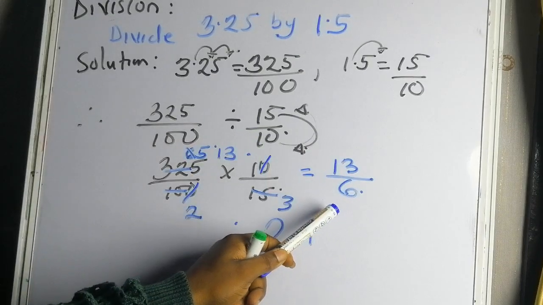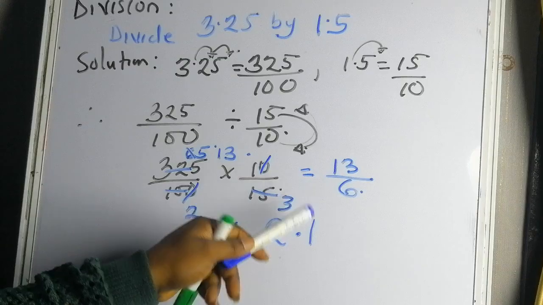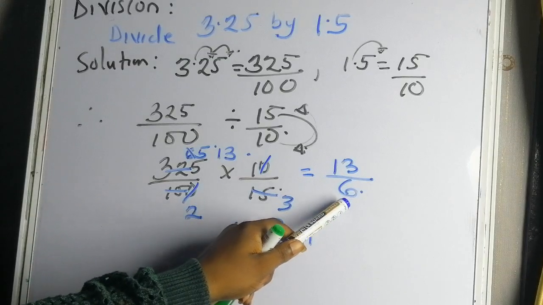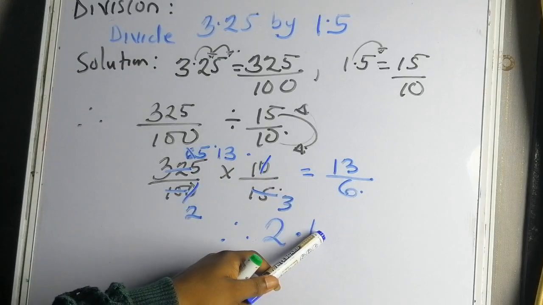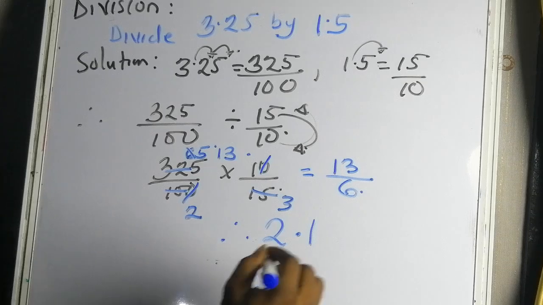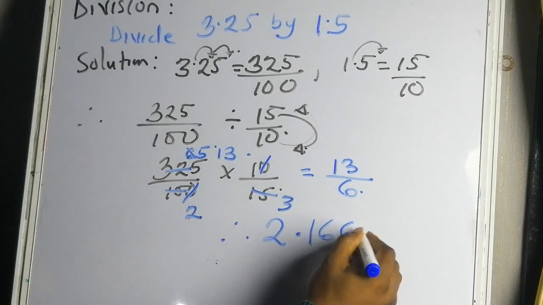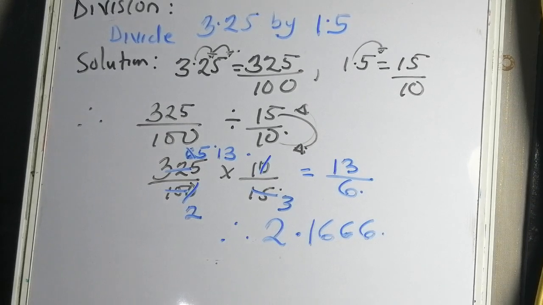Then 6 cannot go in 4, so we add 0 to make 40. 6 times 6 is 36. This one will continue to give you 6, 6, 6 in your calculator. So that is an example of division.